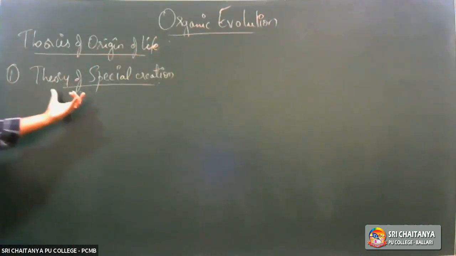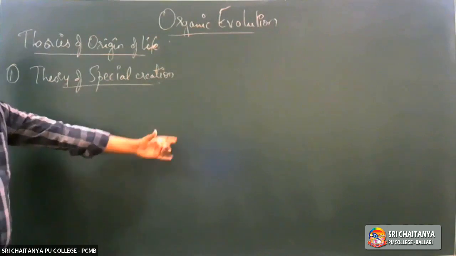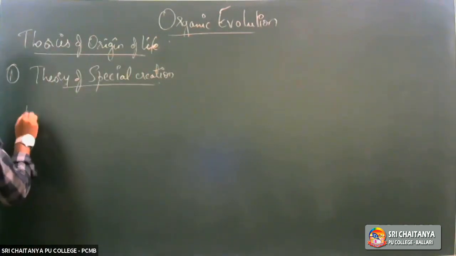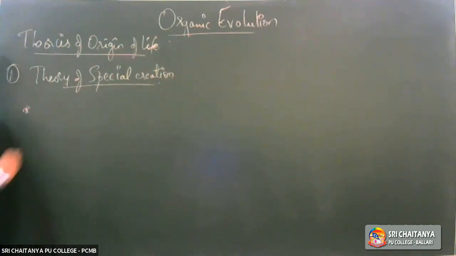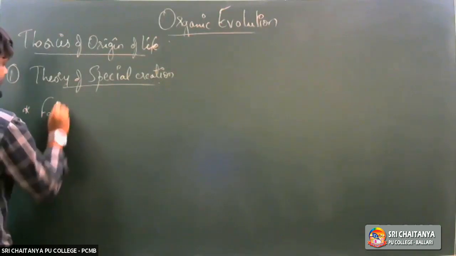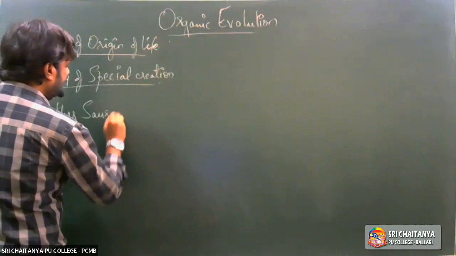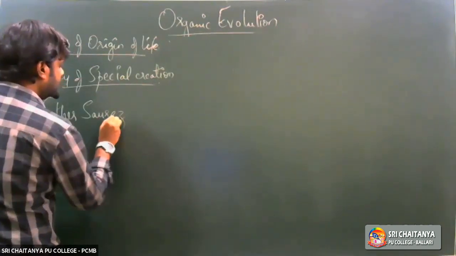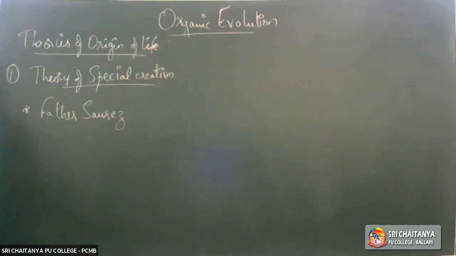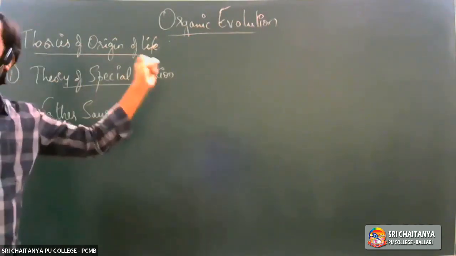From the name itself, we can make out special creation. This theory was first put forth by a person named Father Suarez, S-U-A-R-E-Z. Father Suarez is the one who came up with this theory pertaining to origin of life. He called it the theory of special creation.